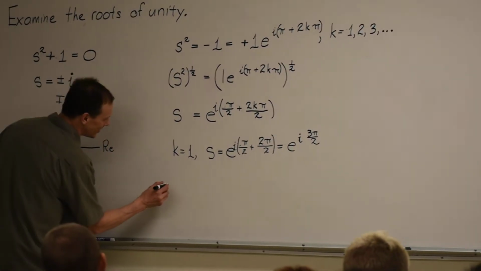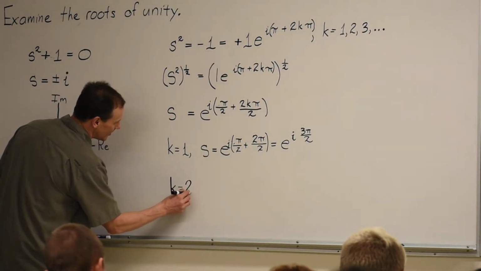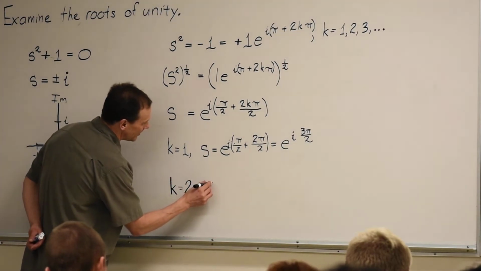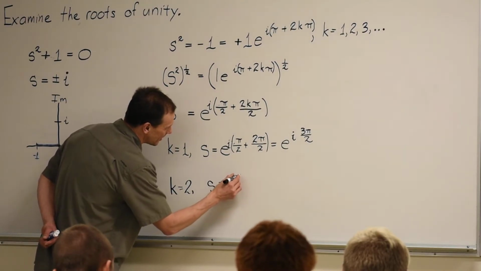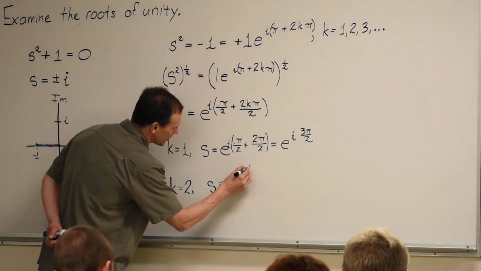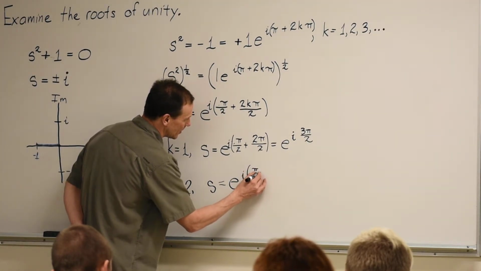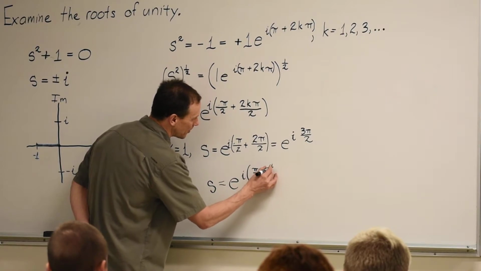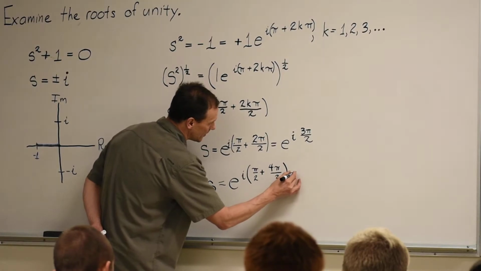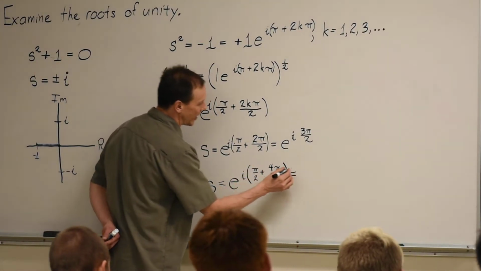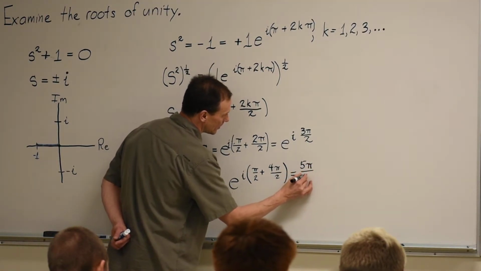And let's try k is 2. So k is 2, and I would have s is equal to e raised to the i, parentheses, π over 2, plus, this becomes 4π over 2. So 4π plus 1π, that's 5π over 2.